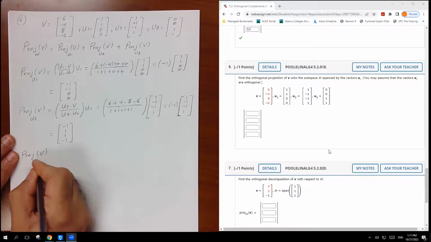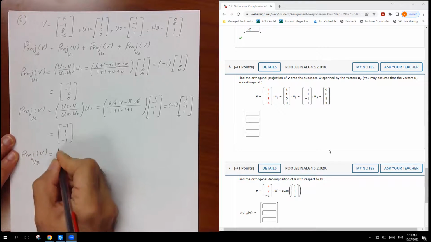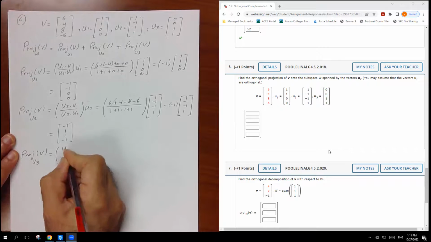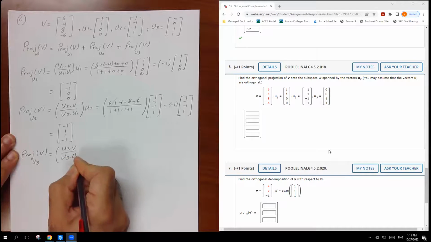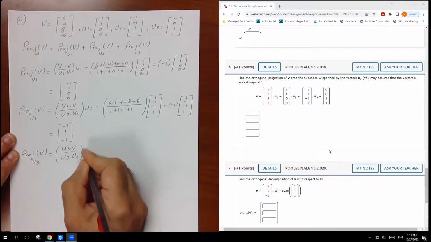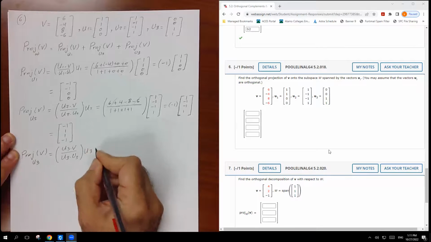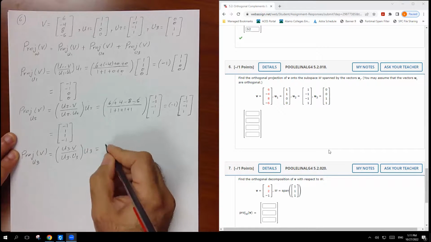Now the third part, we're going to do the projection of V to U3, which is equal to the dot product between U3 and V, and U3 with U3, times U3.